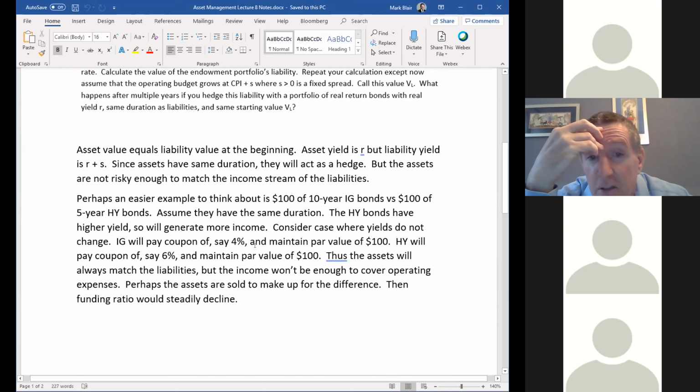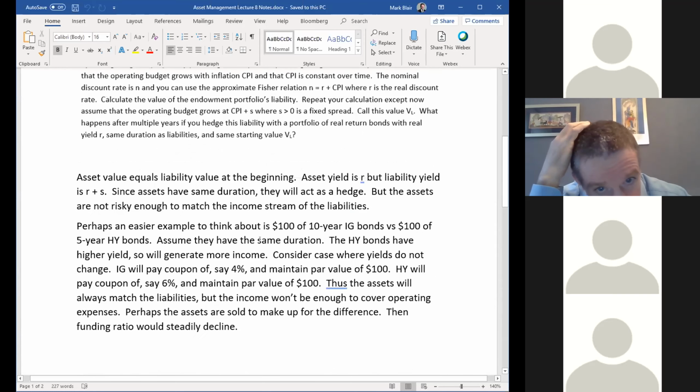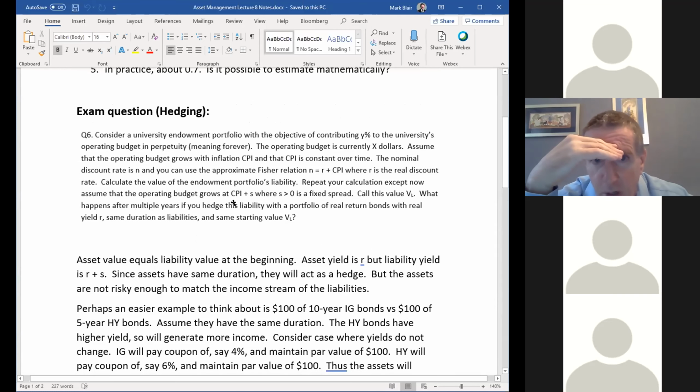And so you can imagine doing that over time, that you would slowly eat away at the assets, and so you have less and less assets and eventually, obviously, your funding ratio would drift further and further lower because your assets just couldn't keep up with the liabilities. So I think that gives a couple of perspectives on thinking about this problem.